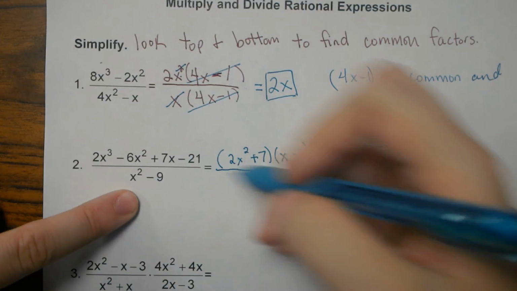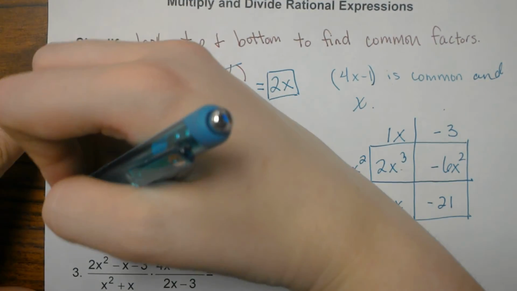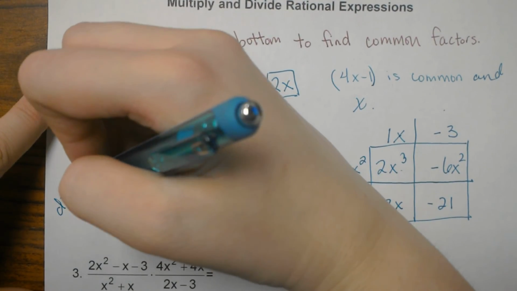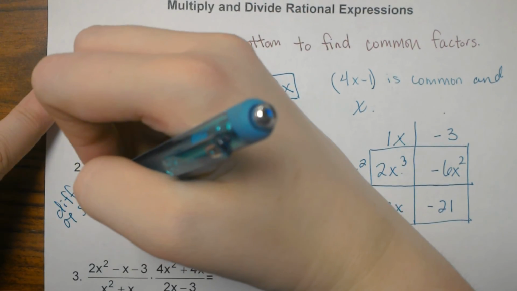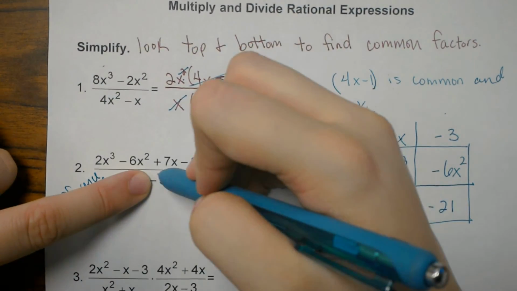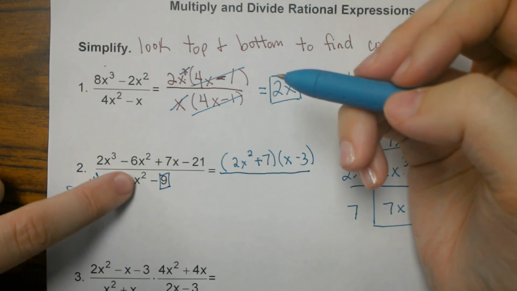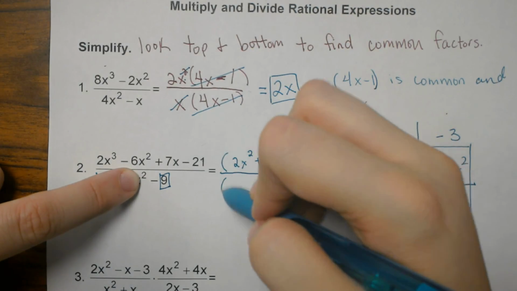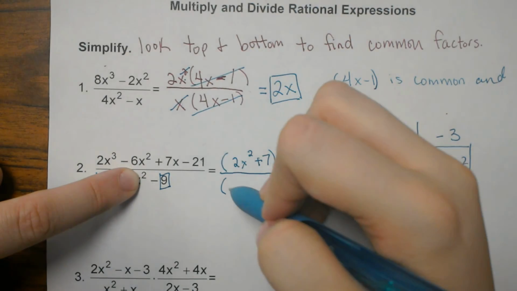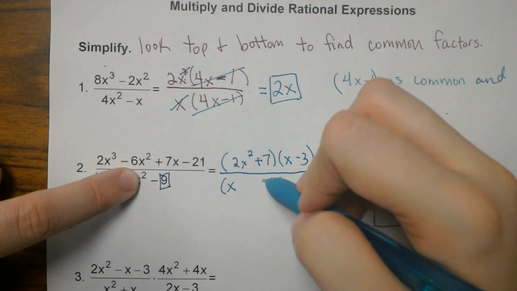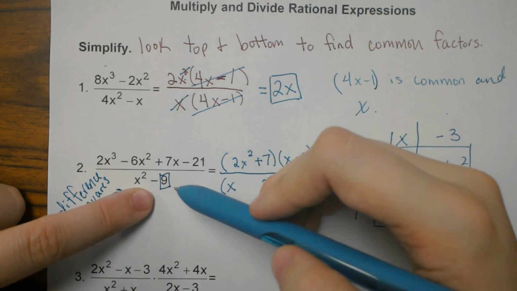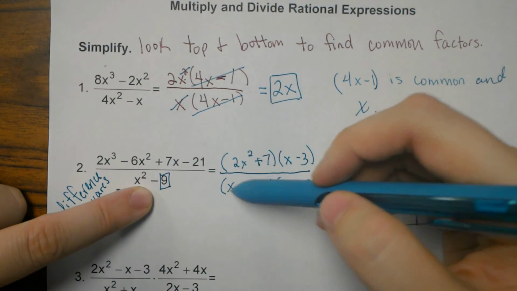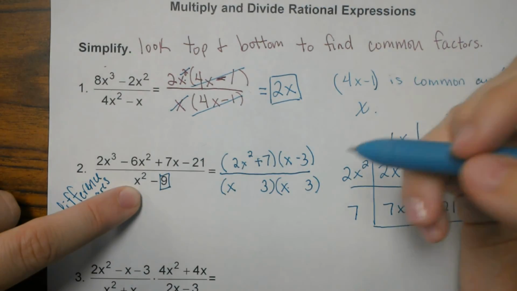And then on the bottom, I have the difference of squares, where I see 9 is a perfect square, and x squared is a perfect square. Meaning that I can square a whole number and get 9, and x times x gives me x squared.